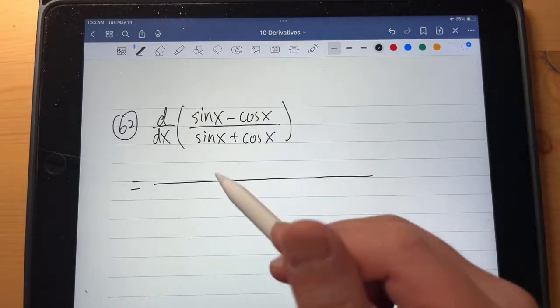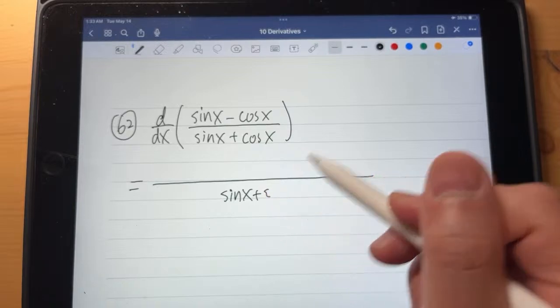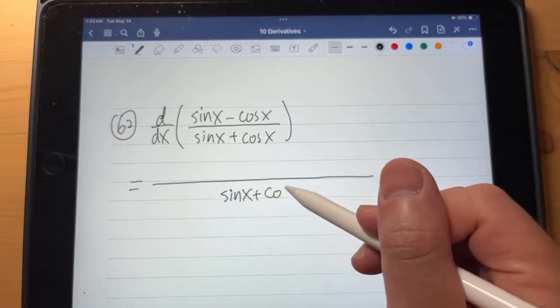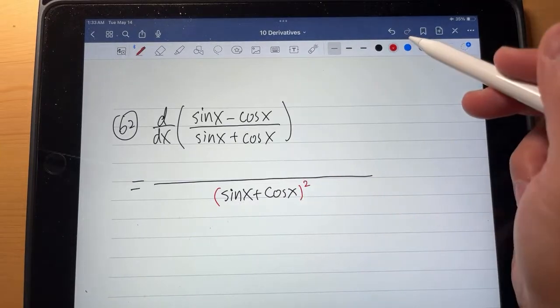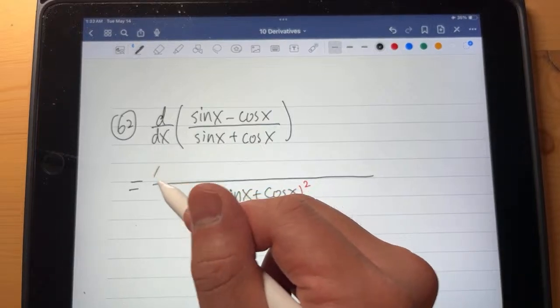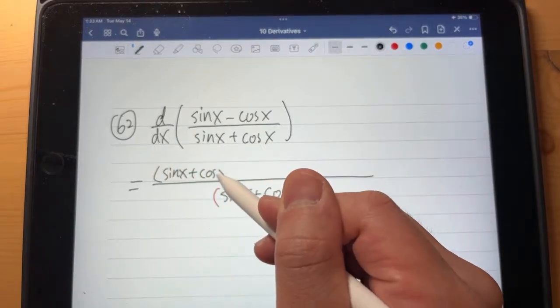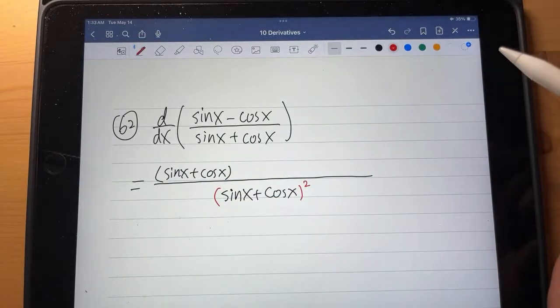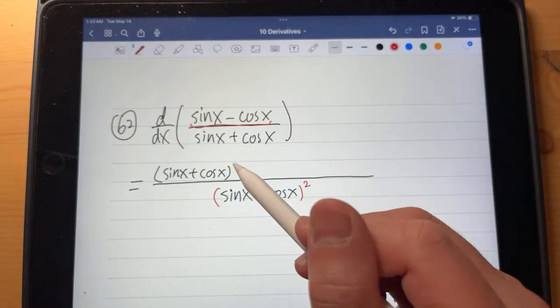Quotient rule in action. I'm going to square the denominator first before I forget. Then I'm going to bring the bottom function up here, which is sine x plus cosine x. Then I'm going to multiply by the derivative of the top.